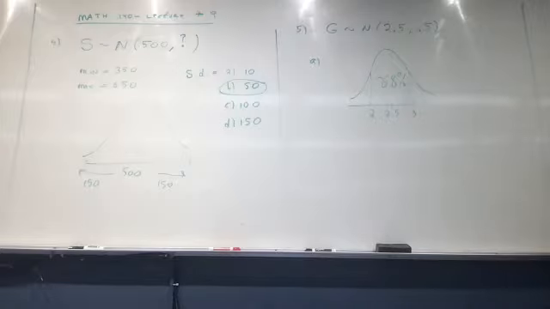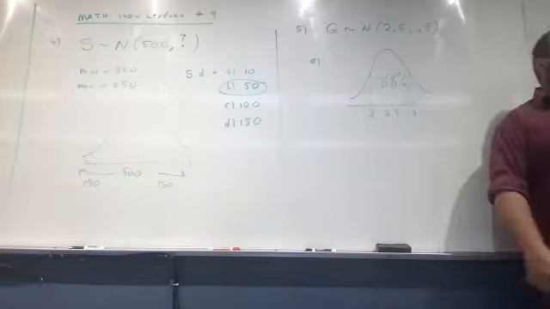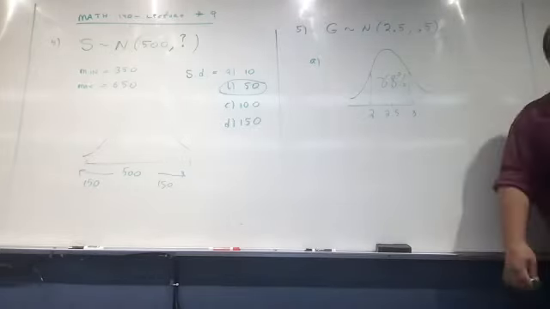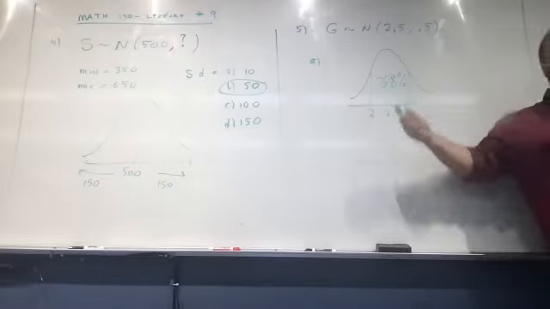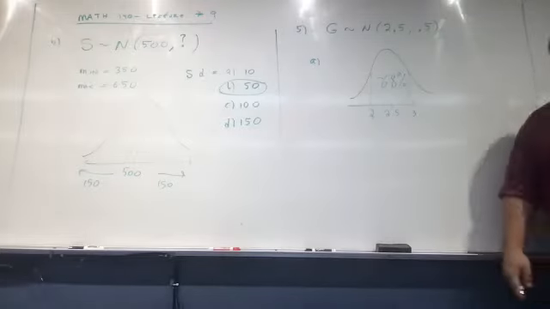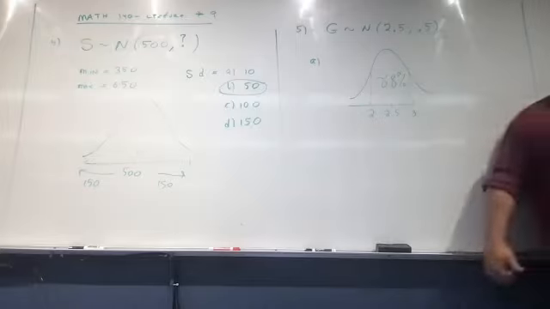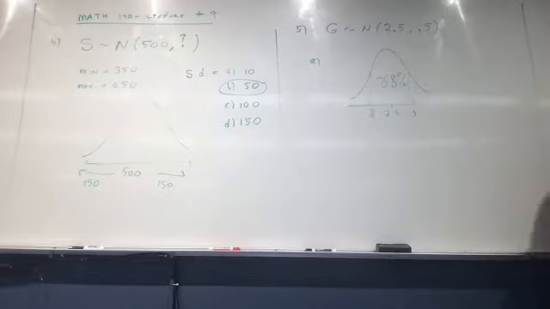Now, if I went to my calculator and plugged in lower 2, upper 3, mean 2.5, standard deviation 0.5, it won't be exactly 68%. This is only an approximation, but it should be fairly close. What does it give? 0.682689. 0.682 something. So approximately 68%.